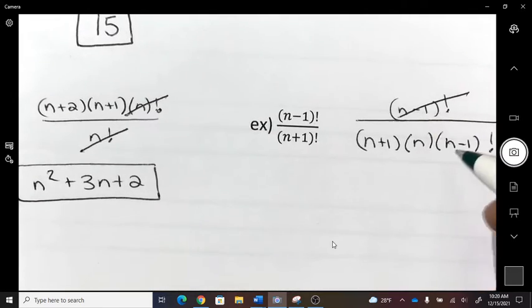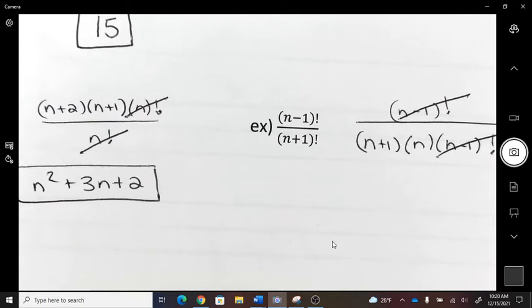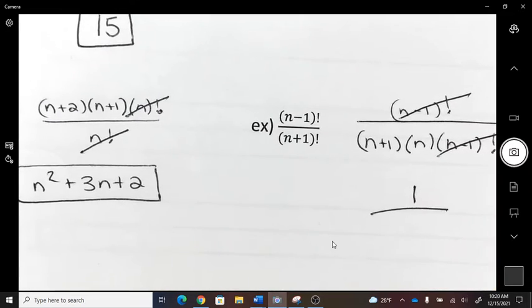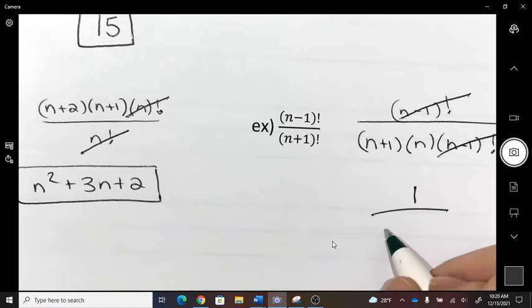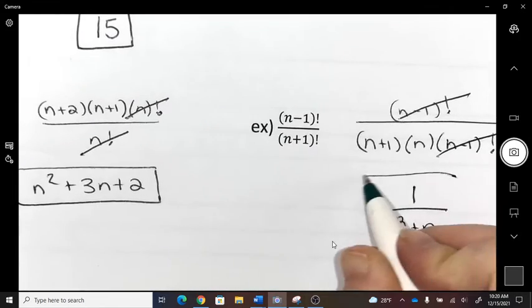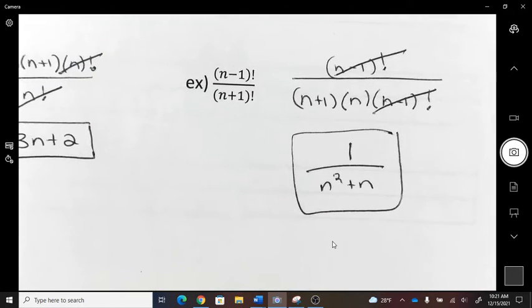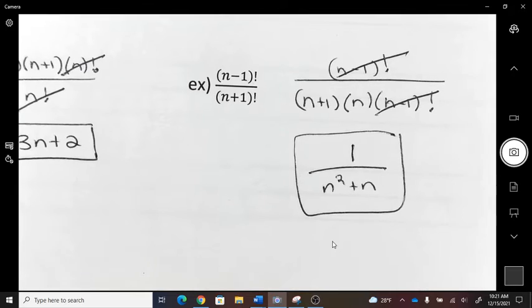So I'm going to cancel. And then you have to be really careful how you write this answer. We should make sure we write 1 over, right? I would see that mistake quite often, just forgetting to put it on the bottom of a fraction. Okay, so don't forget 1 over if it looks like that.